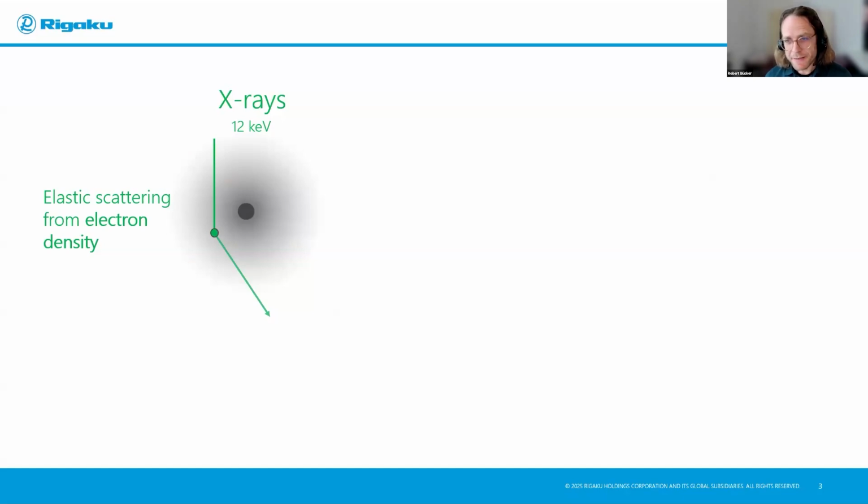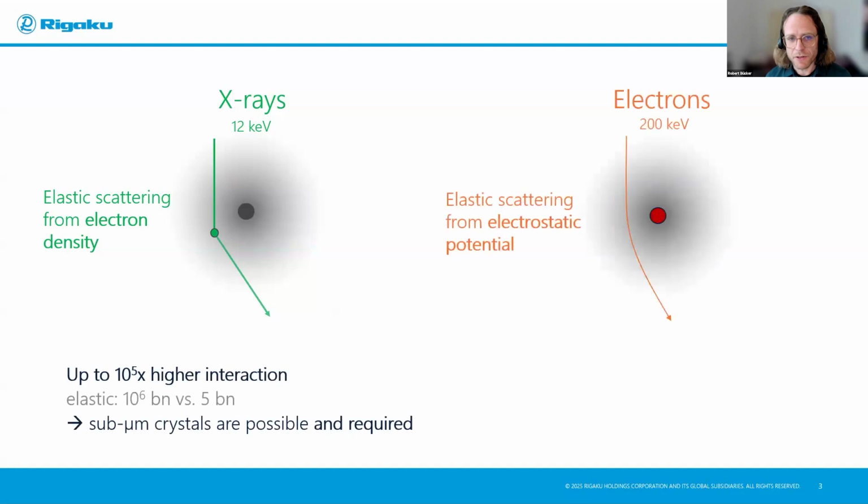Now, if we replace the X-rays in this scheme by electrons, what will happen is that they will interact not with the electron density, but the electrostatic potential inside the sample. One consequence of this is that you get a signal that depends much more also on the nuclei than on the electrons. Won't go into too much detail about this today, only a little bit.